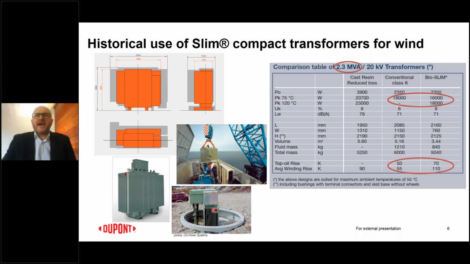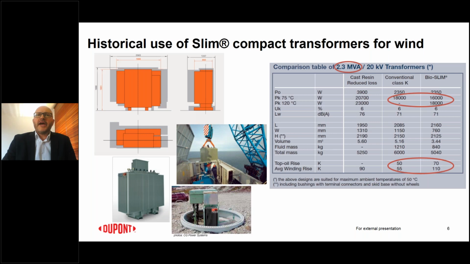The top oil rise was only increased from 50 to 70. That was a 20 degree increase on the fluid, going from mineral oil to the ester liquid. But the winding rise went from 55 to 110. So that was 55 additional degrees on the winding temperature. That was the technology which allowed compacting the size of the transformer.